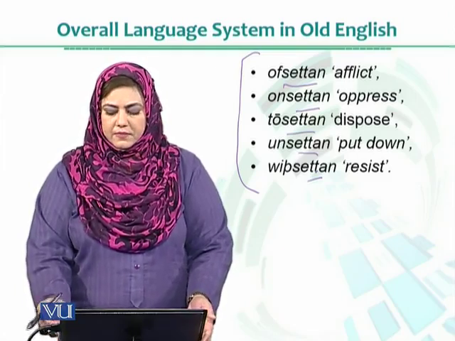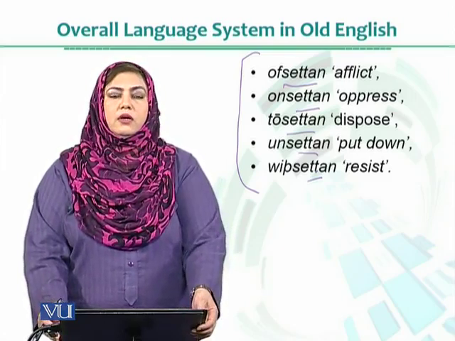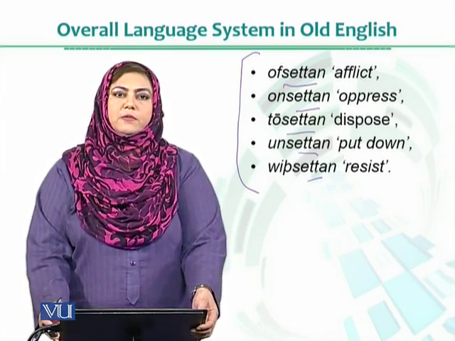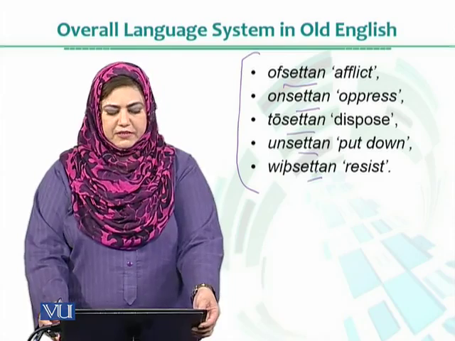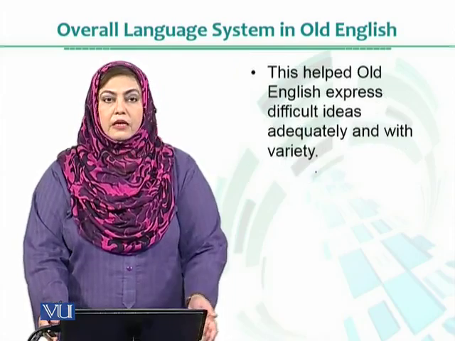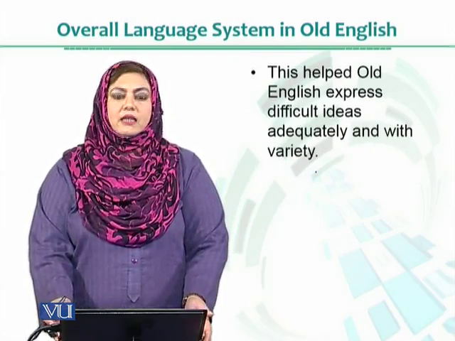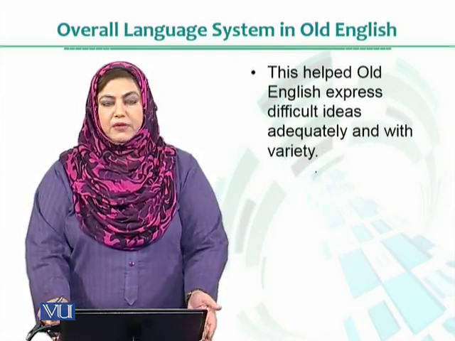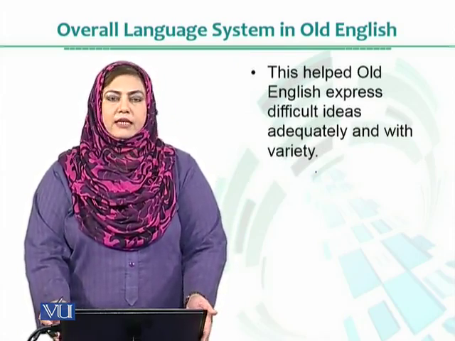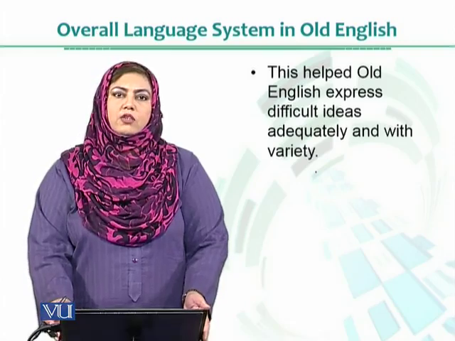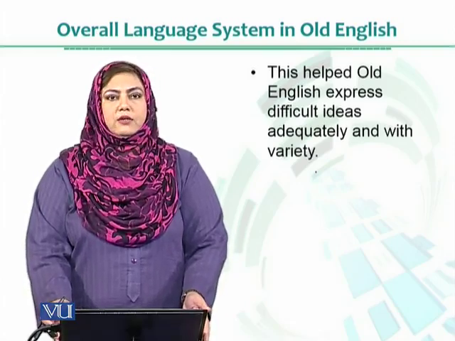Withsetton, resist. So almost a dozen verbs could be made by adding these prefixes in Old English. In fact, this helped Old English express difficult ideas very adequately and with a lot of variety, and this added a lot to the fund of vocabulary that Old English had.